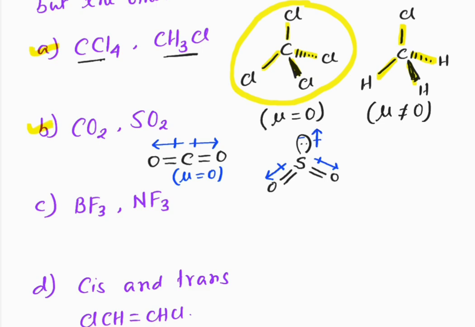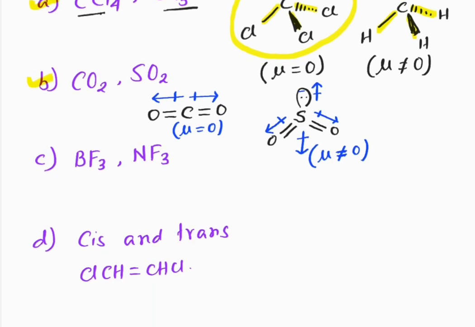That means the three moments are acting simultaneously. So the resultant of these three will be downward, and that means SO2, sulfur dioxide, will have some appreciable dipole moment. So the mu will be not equal to 0.